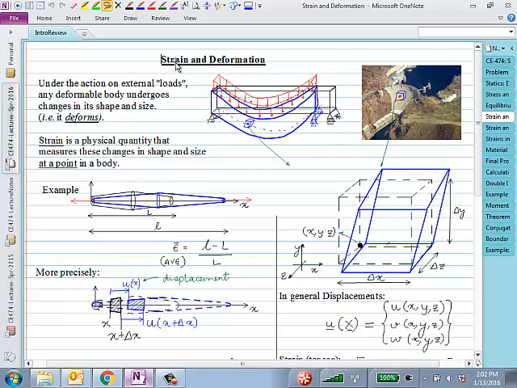So here is a simple example of a structure. This is a one-dimensional bar, but with a varying cross section. If I have a one-dimensional bar like this with a uniform cross section, then if I apply some force at the right end, some force at the left end, that would be a uniform tensile force throughout the cross section, right?